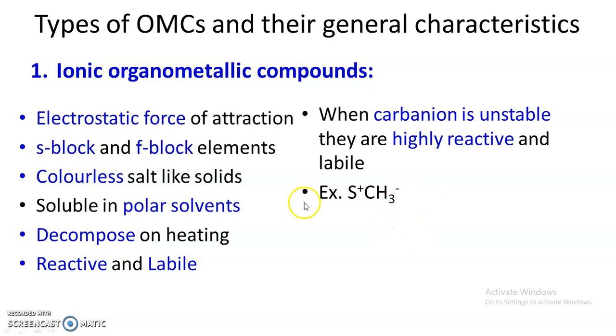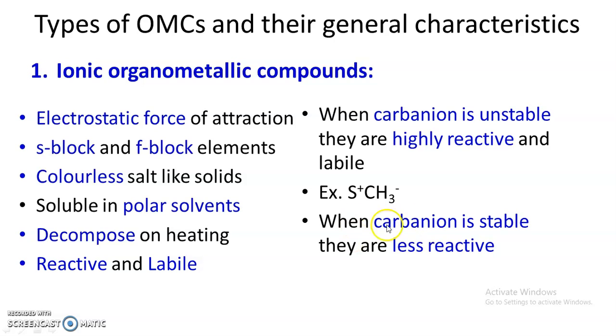When the carbanion in the organometallic compound is unstable, the resulting ionic organometallic compound is highly reactive and labile. For example, the organometallic compound formed between sodium and a carbanion is a highly reactive ionic organometallic compound. And when carbanions are stable, their resulting ionic organometallic compounds are less reactive.